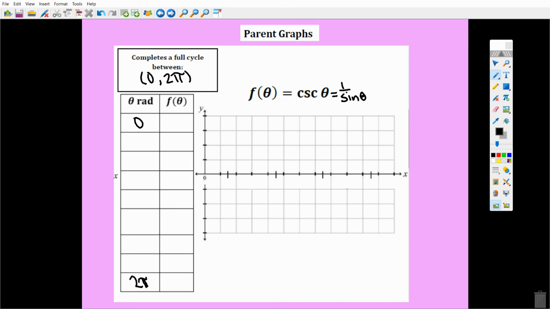And so again, I'm going to go by pi over 4. So this is going to be pi over 4, pi over 2, 3 pi over 4, pi, 5 pi over 4, 3 pi over 2, and then 7 pi over 4, and then back to 2 pi.